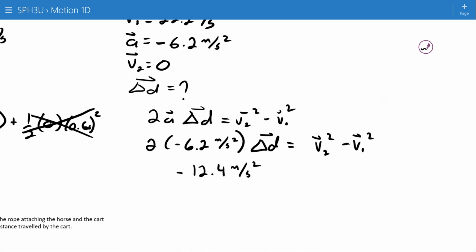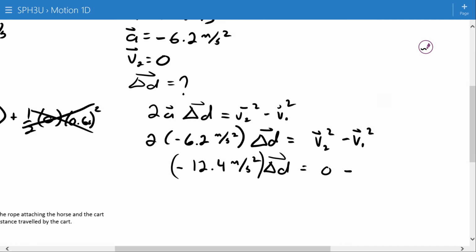If I multiply that 2 in, I know I'm coming to rest from 22.2 meters per second.